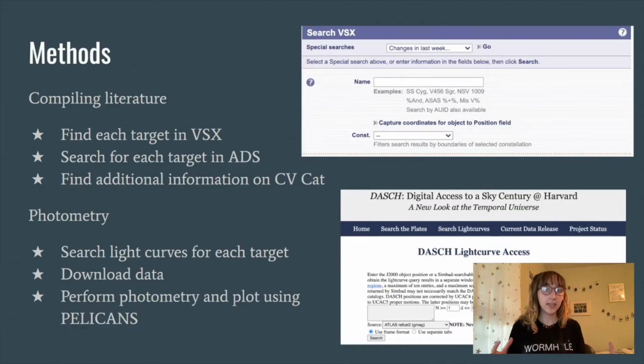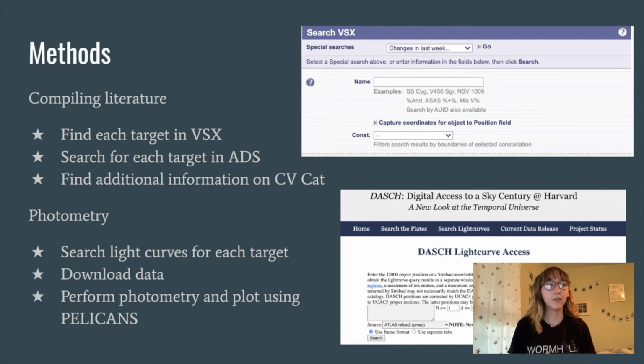Here are some of our methods. I'm not going to go into too much detail. We kind of had two parts of the project. The first one was compiling literature. We would find each target on the variable star index, then search the astrophysical data system to compile all the literature we could find on each star to get as much information on each target as possible.